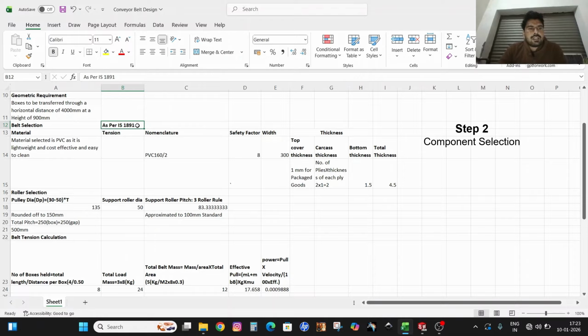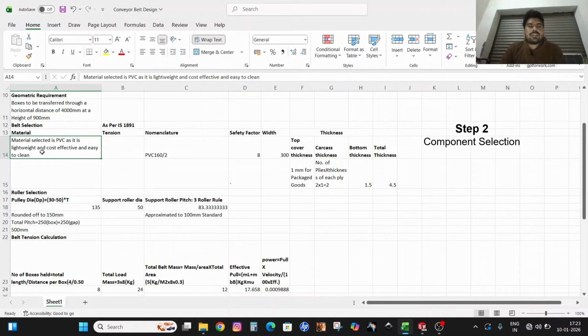For material, I have selected PVC, because it is common practice to choose PVC if your operating environment is neat and clean, and in this application, our environment is neat and clean. That's why I have selected PVC.